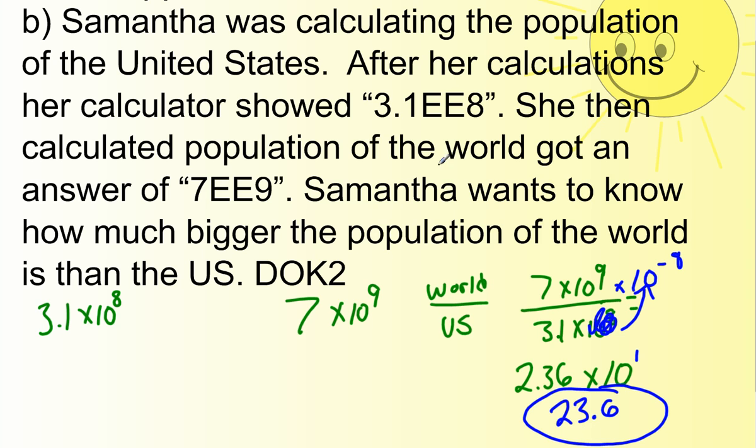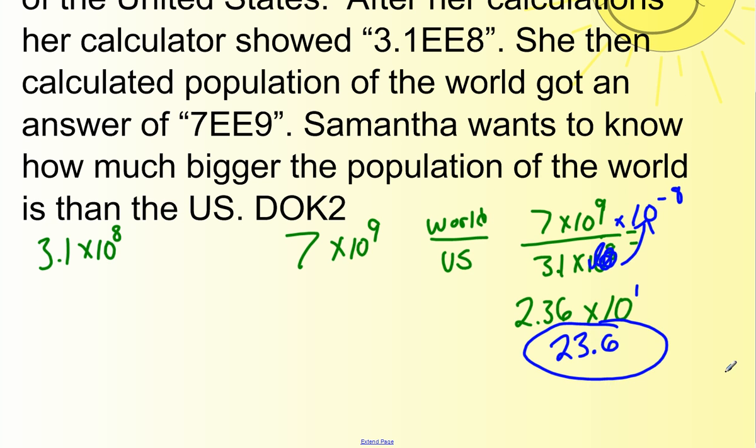So this order of magnitude, how much bigger, how many times bigger, the way you would do that is you would set up a ratio. For example, think of an easier example. If you had a sandwich that was 8 feet long and another sandwich that was 2 feet long, how many times bigger is the 8-foot sandwich than the 2-foot sandwich?